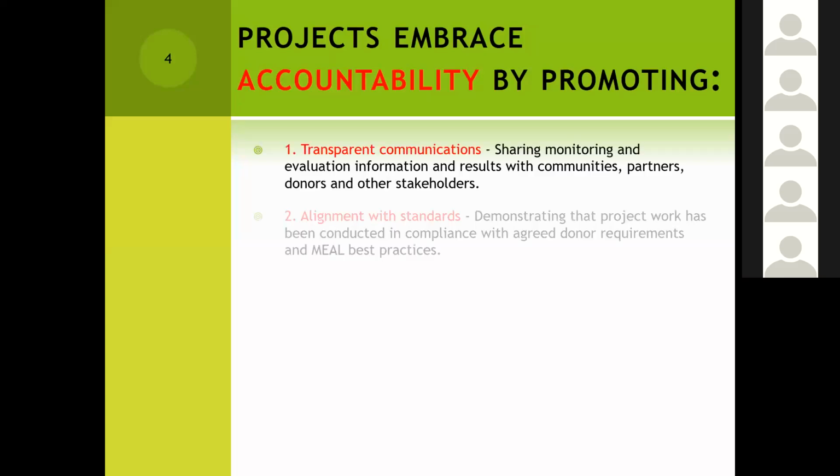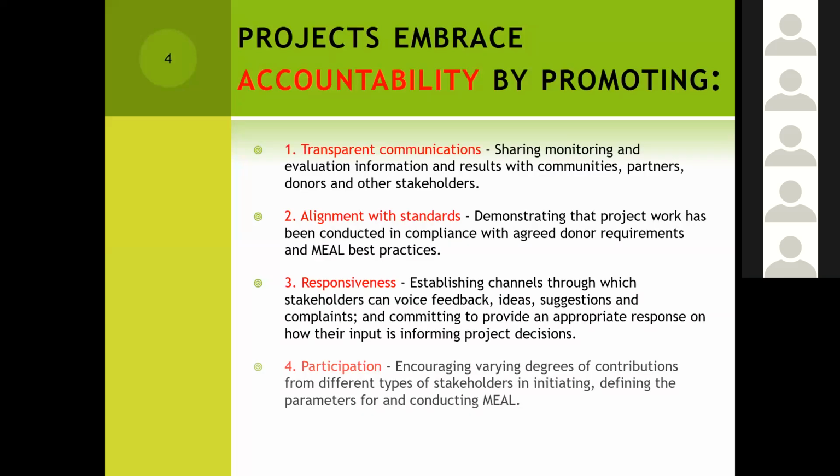One of them is making sure we have transparent communications, and that's something we always need to do. Secondly, make sure that the project is aligned with the standards. That is, has the donor given you some standards to achieve while you're implementing, ensuring that your project is in compliance with those agreed donor requirements.